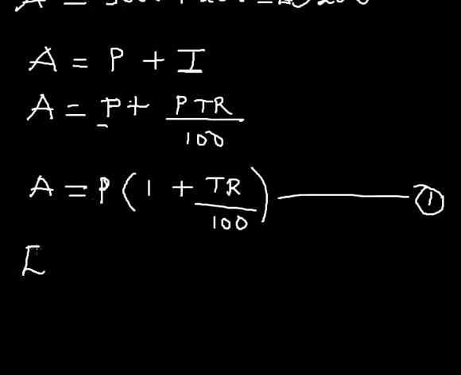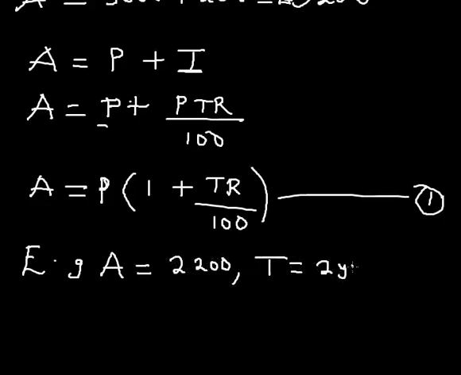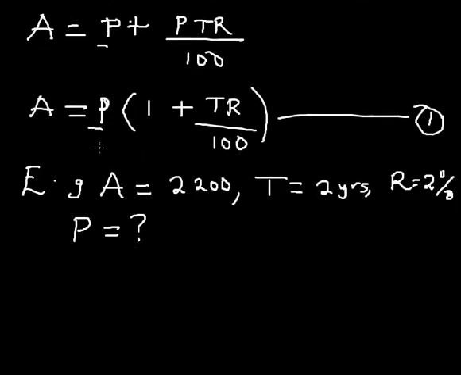Let's look at a typical example. Let's say a man had to pay an amount of 2,200 for the time period of still 2 years, and at the rate of 2%. So the question is, what was his principal? We can use this formula to get his principal.